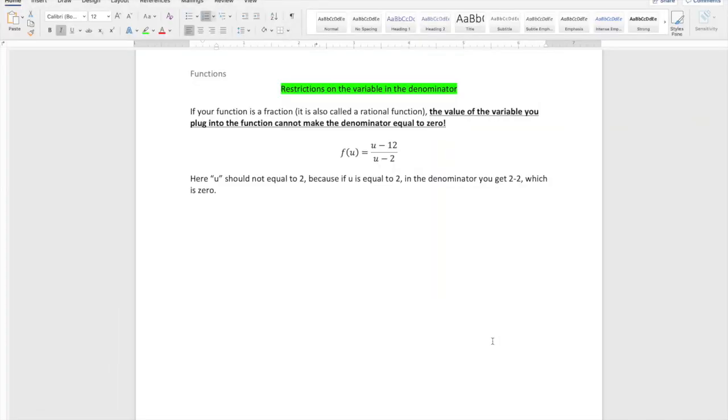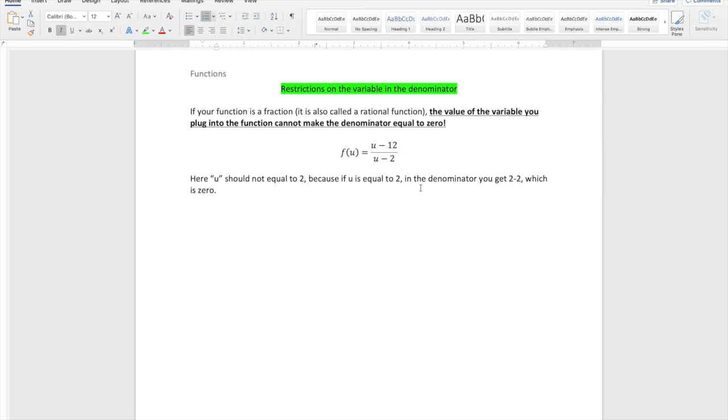Sometimes functions are fractions. These functions are also called rational functions. Remember that if you have a fraction, you are not allowed to have a 0 in the denominator of any fraction. Because remember, if the denominator of a fraction is a 0, the fraction is undefined. So sometimes you may be given a function that is a fraction, and you are asked what value of u should be excluded from the domain of this function.